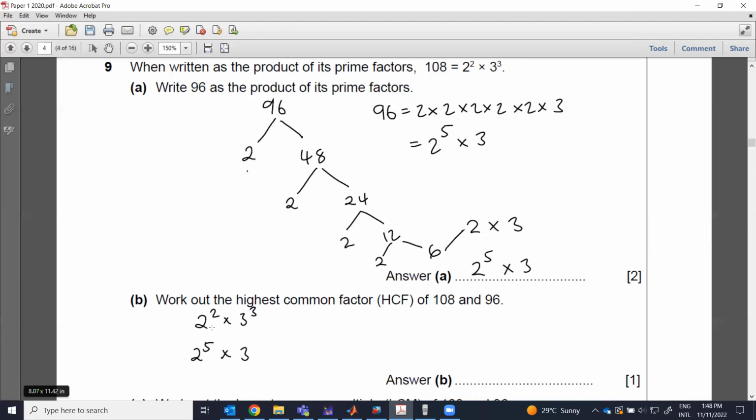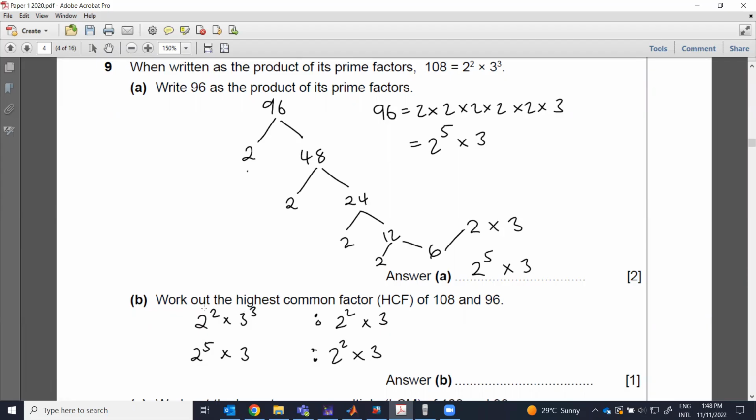Okay, so let's say the largest power of 2 I can get from this one is 2. So I have 2 to the power of 2. And then over here, because the largest power of 2 I can get from there is 2, so here I also have 2 to the power of 2. Here the largest power of 3 I can get is 1, so I say times 3, and then here I can also match that.